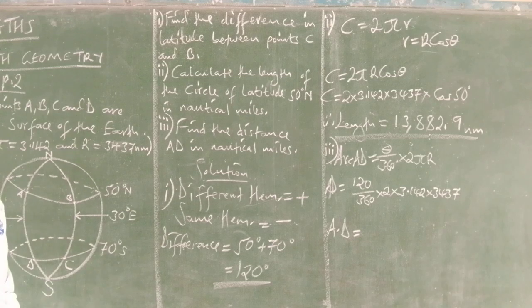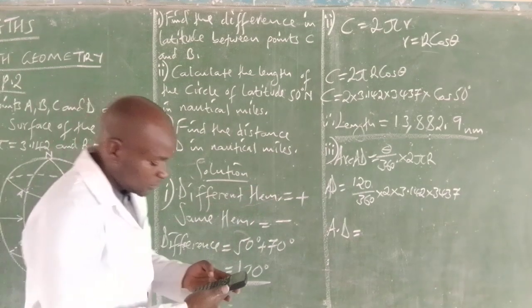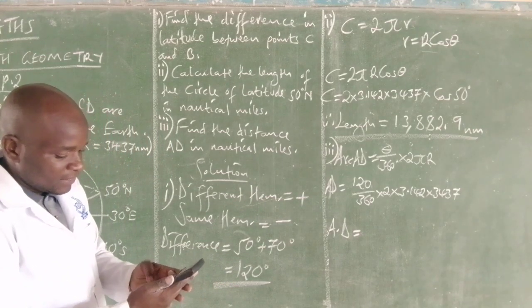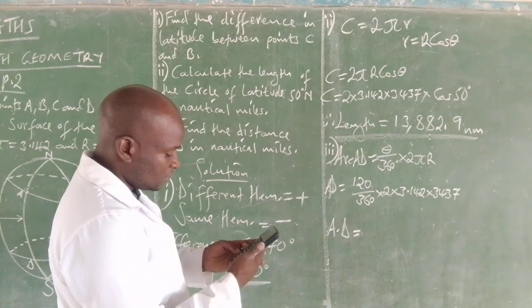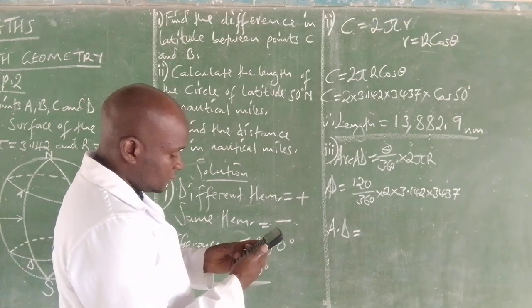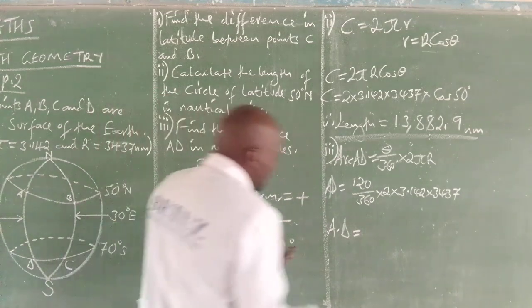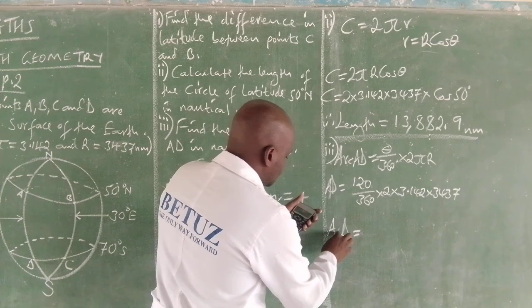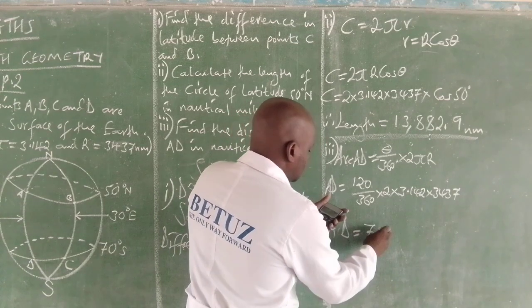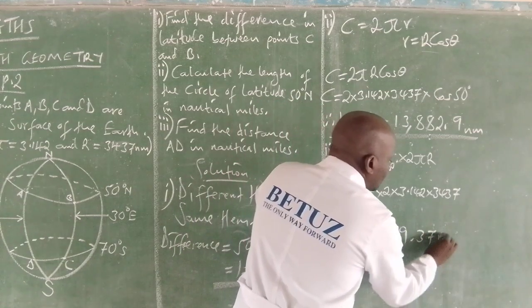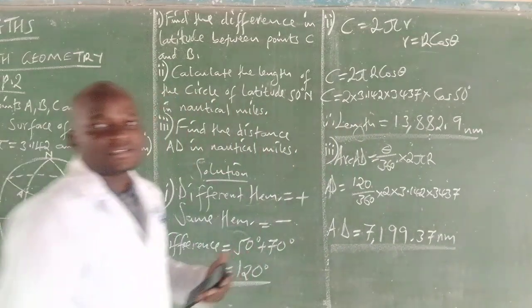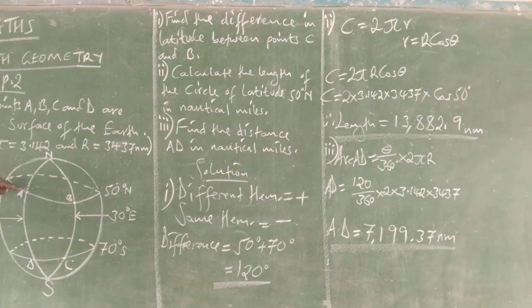So we have 120 divided by 360, then multiplied by 2, multiplied by 3.142, multiplied by 3437. We get AD equal to 7,199.37 nautical miles. This is the distance between point A and point D, along longitude 75 degrees west.